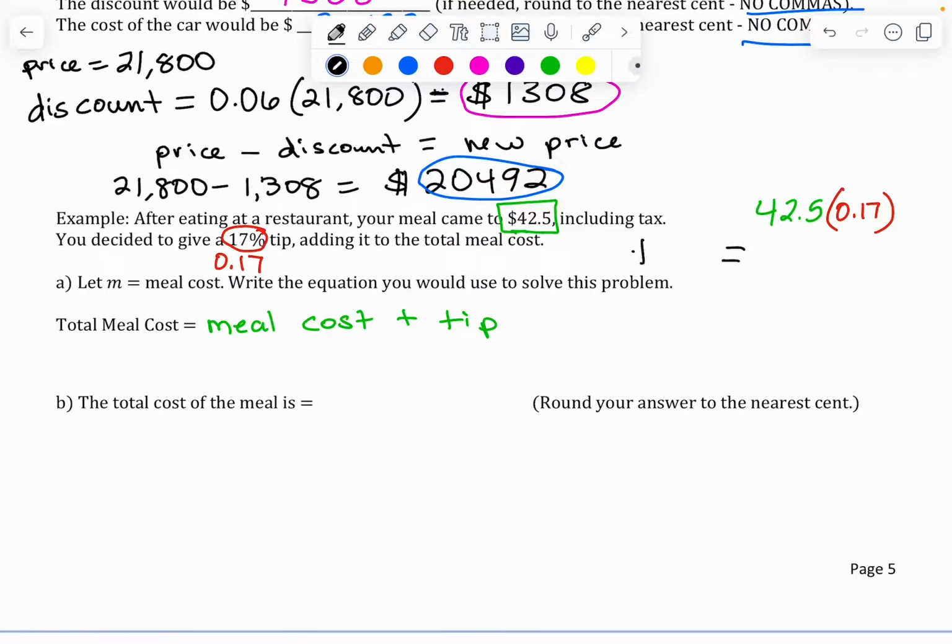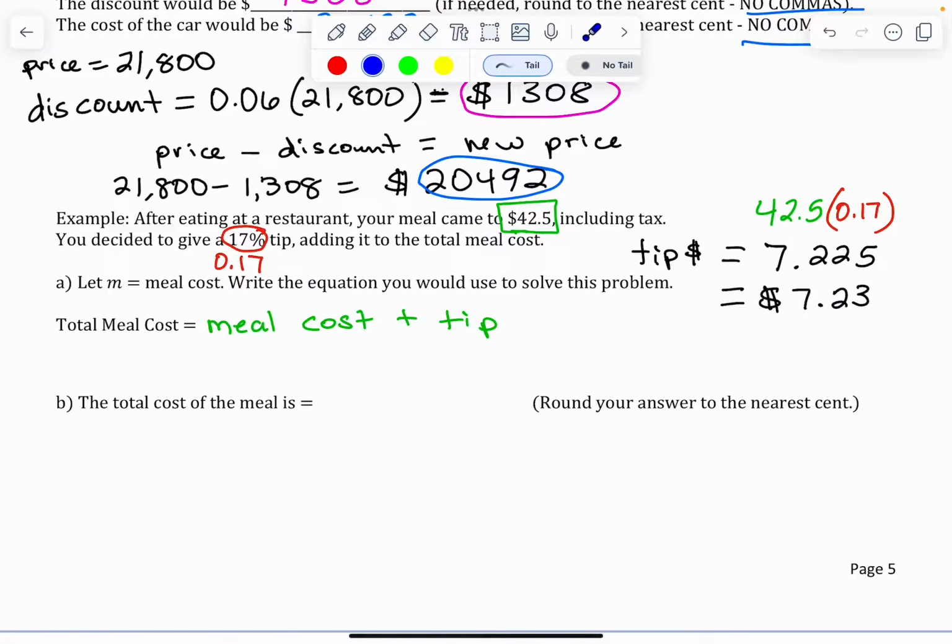So the tip in dollars is going to be $7.2250. It's 22.5, so we're going to round that to $7.23. So the first part of this question says, write the equation you would use to solve this problem.